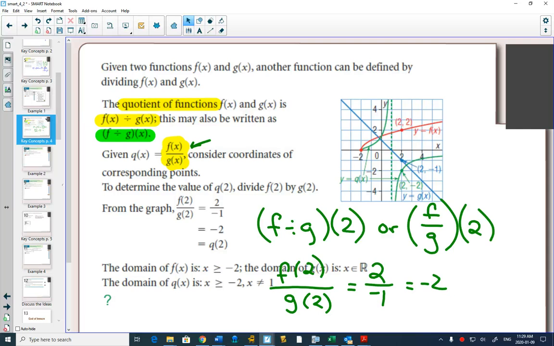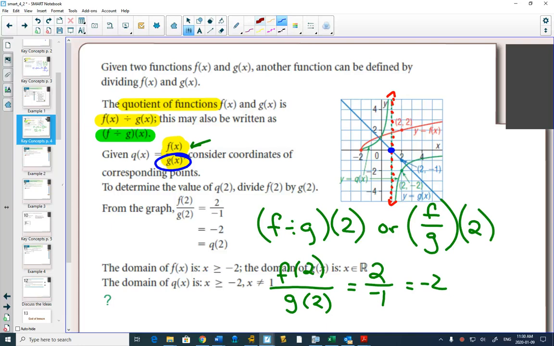That's the same for dividing, but in dividing, you also have to look at where your bottom function, in this case g of x, the blue one, is in your denominator. Where is your function in your denominator also equal to 0? Because you're not allowed to divide by 0.